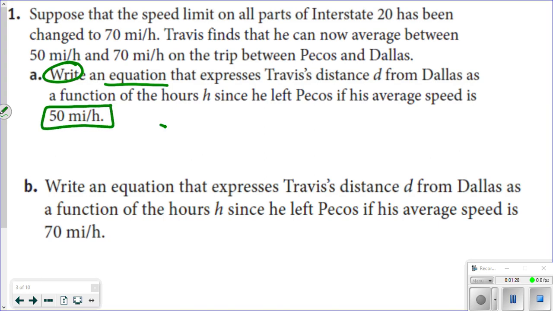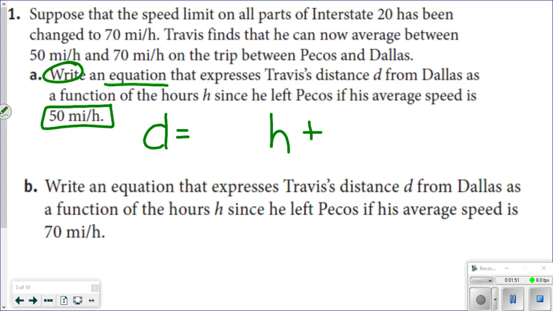So we're going to start with d equals my slope times h plus my y-intercept. Now, what is my speed here? Our average speed is 50 miles an hour. But remember, we're getting closer and closer to Dallas.